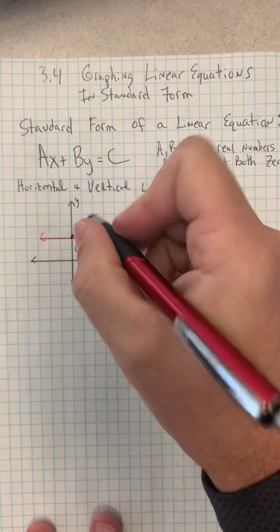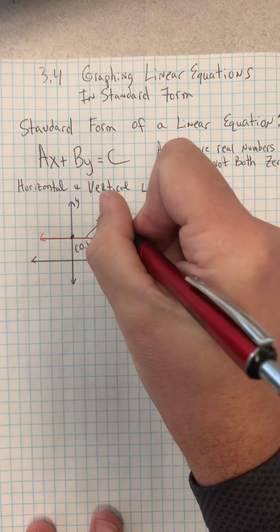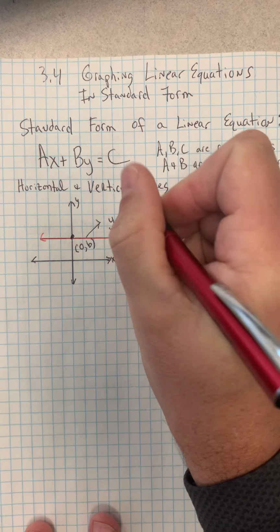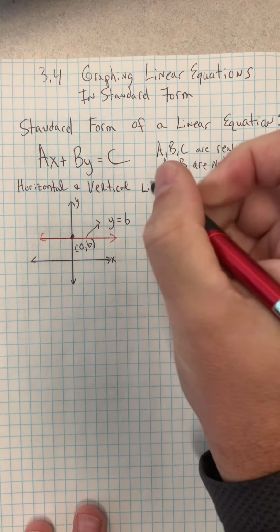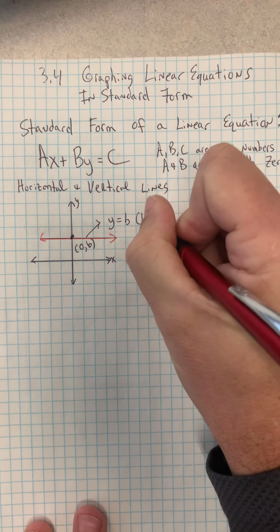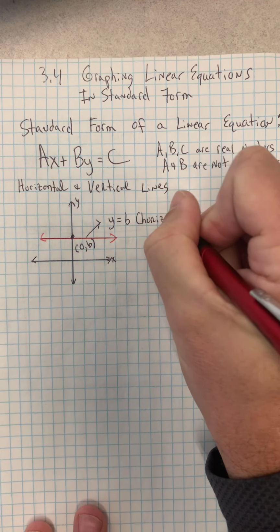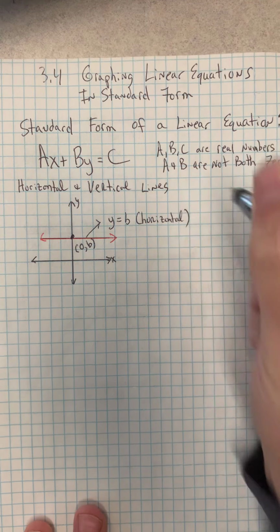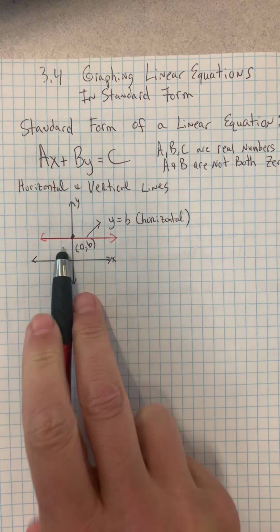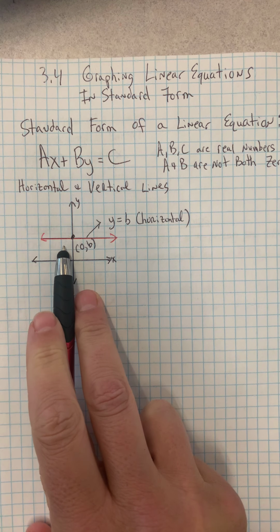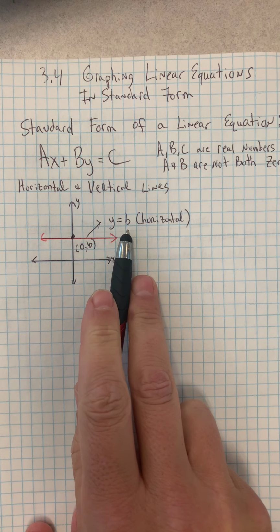The equation of this line would be y is equal to b. When you have y equals anything, it's a horizontal line. And it simply crosses the y-axis at whatever that y equals.